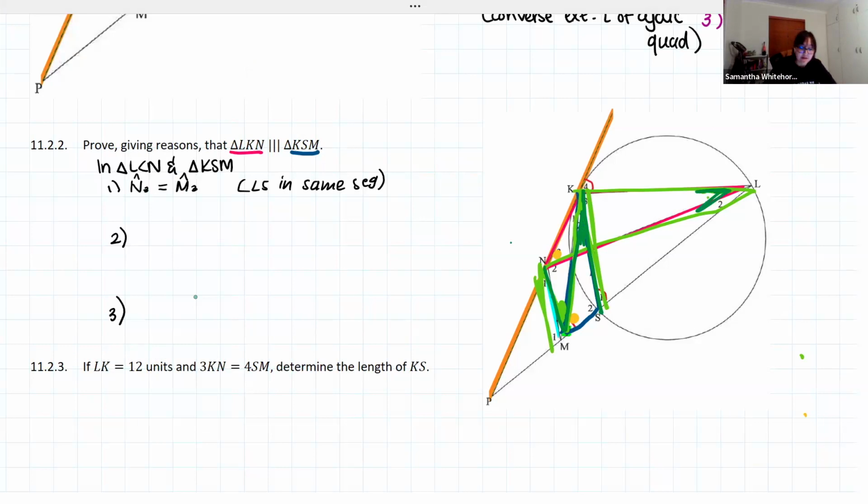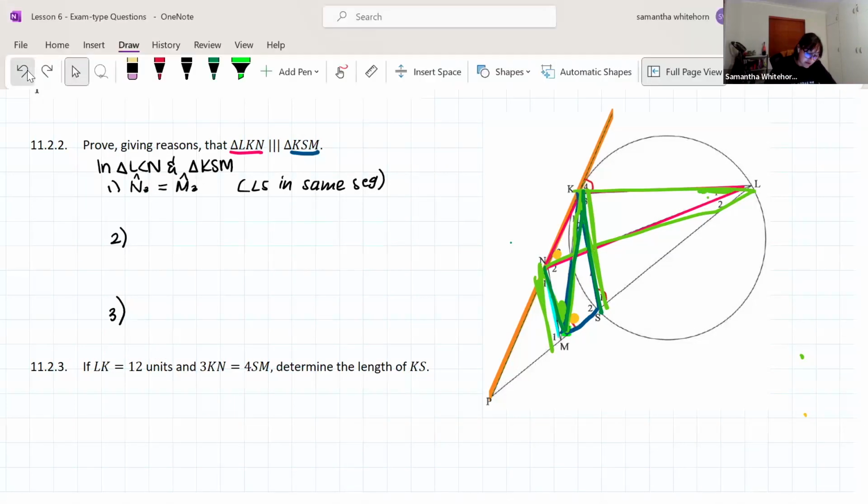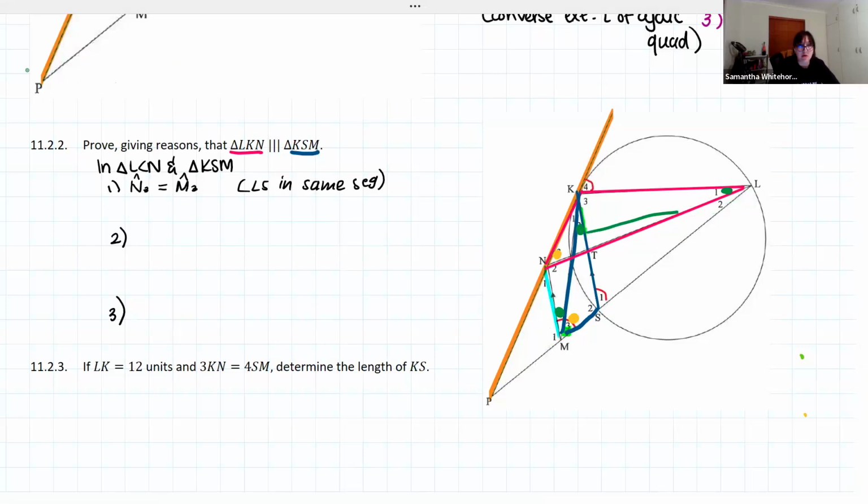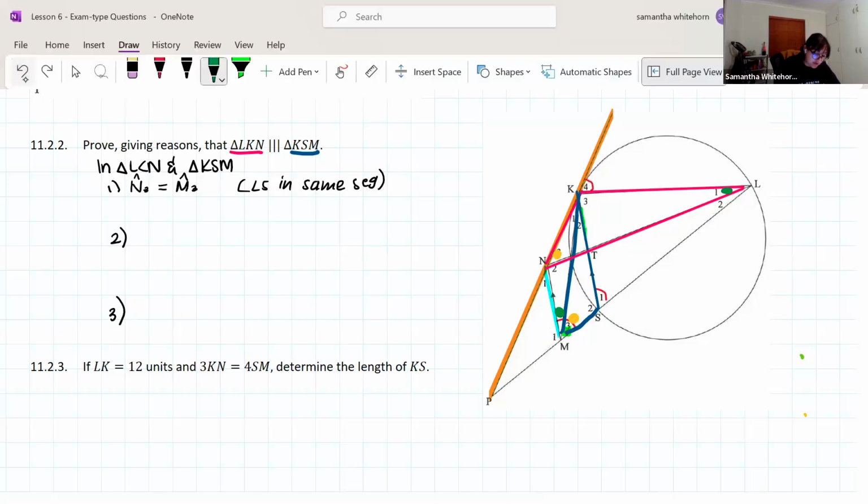And so we've got another pair of angles in my triangles that are equal. So let's take these scribbles off. I'm going to now do it without the bow tie, just so you can see. Angles in same seg, L1 is equal to M2, but M2 is an alternate angle to K2. And so that means that K2 and L1 are equal to each other, just by virtue of them both being equal to M2.